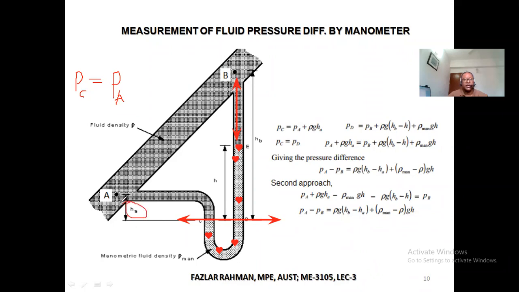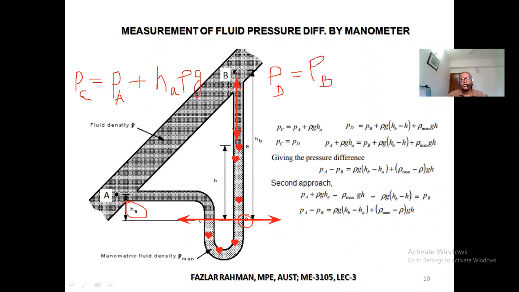How much height? HA. So I can say HA rho G. This is the pressure at point C. Similarly, you figure out the pressure at point D. So PD, how do you start? You start from point B. How much is the pressure at point B? PB.